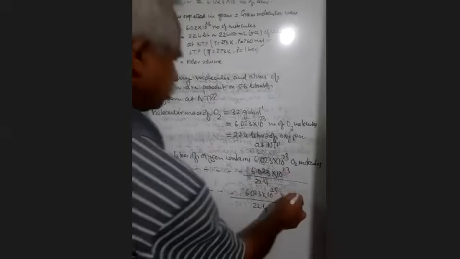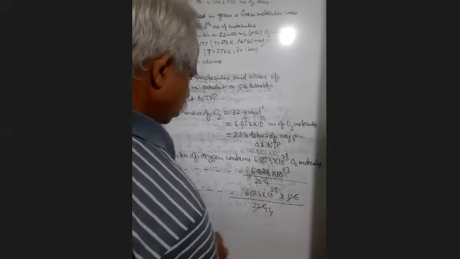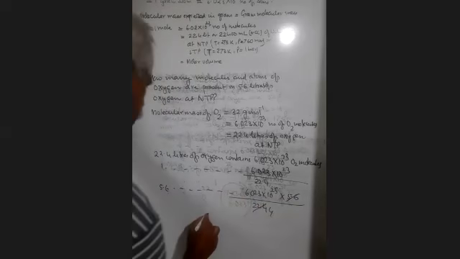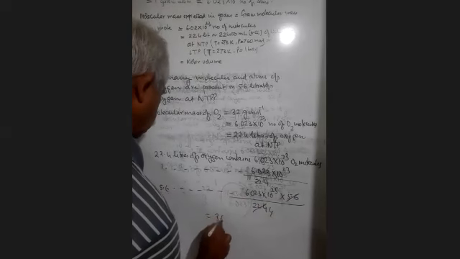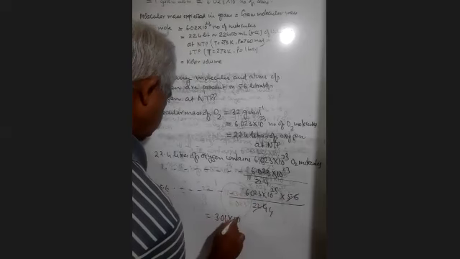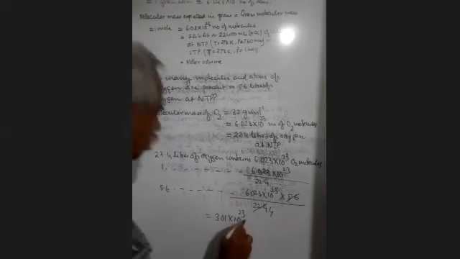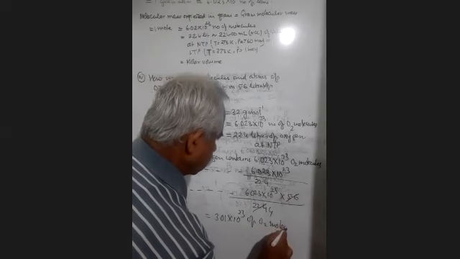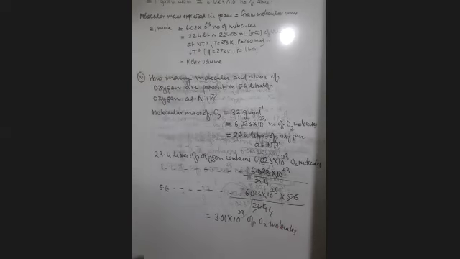So this and this it becomes 4. So divide 6.023 by 4. So it comes to how much? 3.01 into 10 to the power 23 number of O2 molecules. Okay. Then number of oxygen atoms.